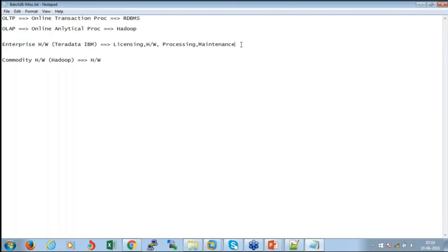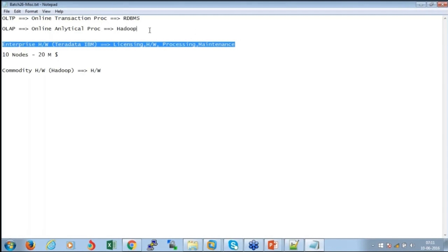Let's compare the costs. If I have to build a Teradata cluster of, let's say, 10 nodes, and if it is costing me, let's say, some $20 million, okay, a 10 node cluster is costing me $20 million considering all these costs.